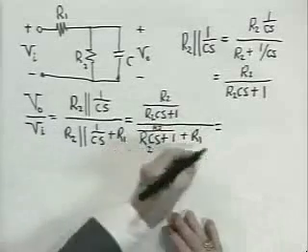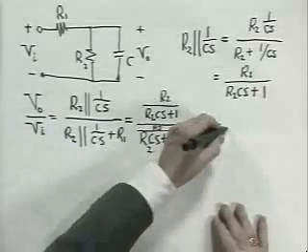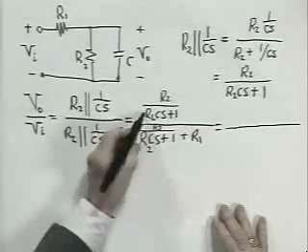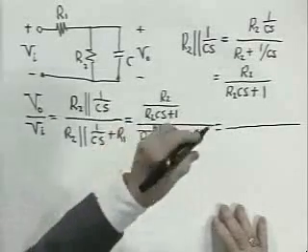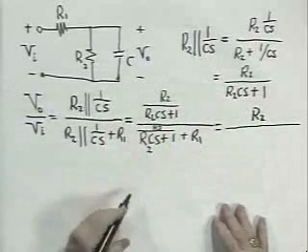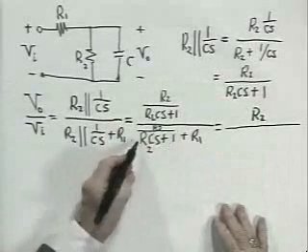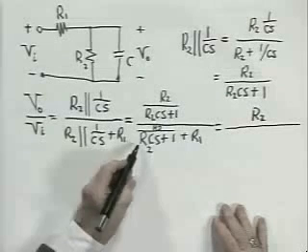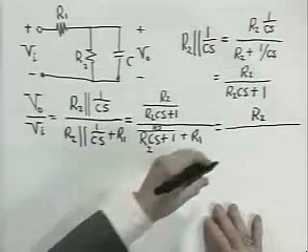Now, if you rationalize numerator and denominator by multiplying through by R2 CS plus 1, I'm left upstairs with just R2. And downstairs in the first term, I'm left with R2.